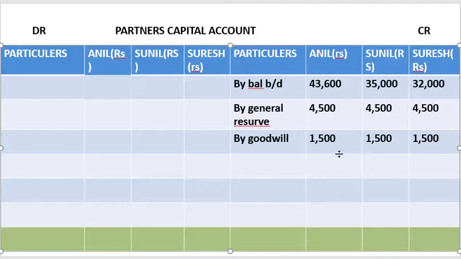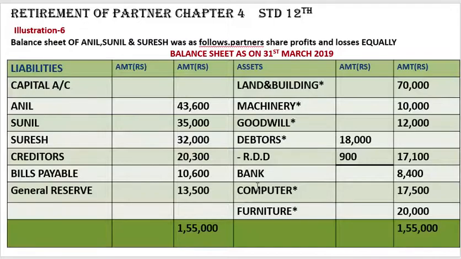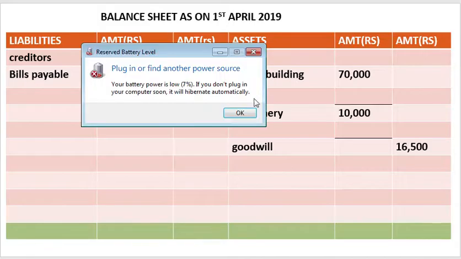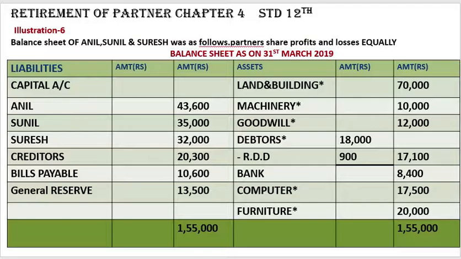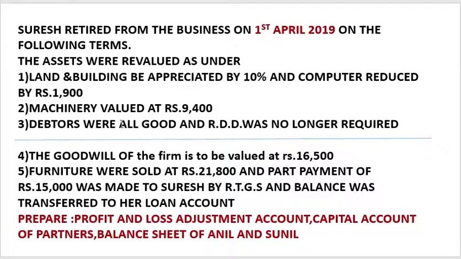Okay, so next, debtors 18,000. So we have an adjustment on this. What is it?